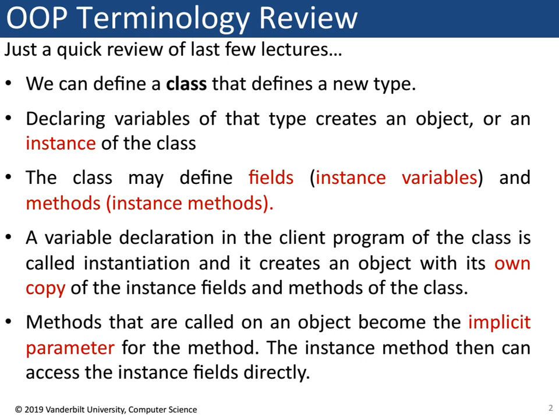So in our previous lecture, we used the student class, as I said, and we had students S1 and S2. And we wanted to write some information about students. And so we made a write method, a write instance method in the class, and we could call s1.write. And this method would write the name, which was stored in the instance variable name, and the GPA, which was stored in the instance variable GPA.